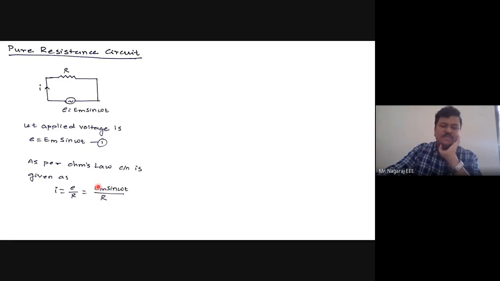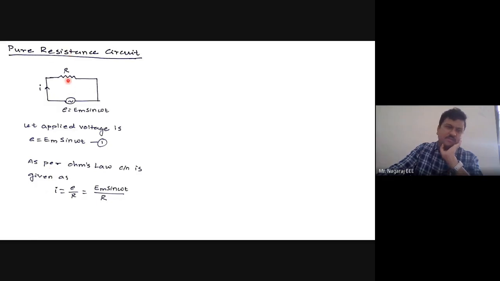Em is the maximum voltage of the sinusoidal waveform. R is the circuit parameter, that is resistance. My resistance will not change because resistance is a circuit parameter, and circuit parameters are always kept constant in any analysis.